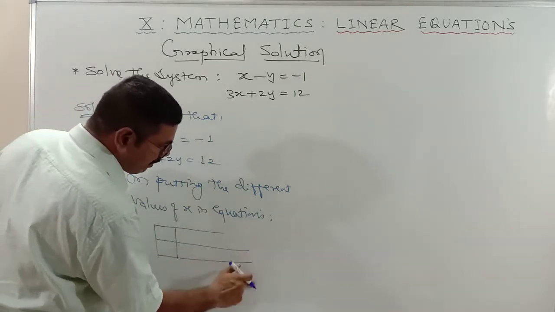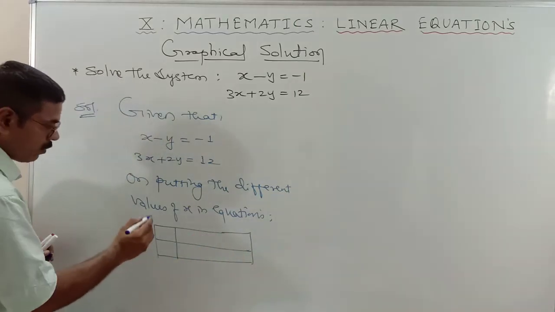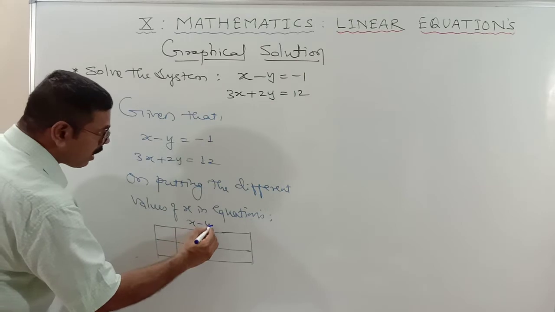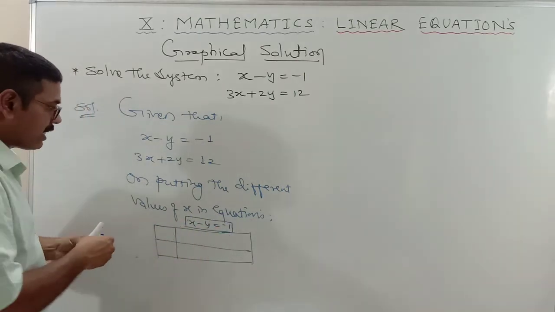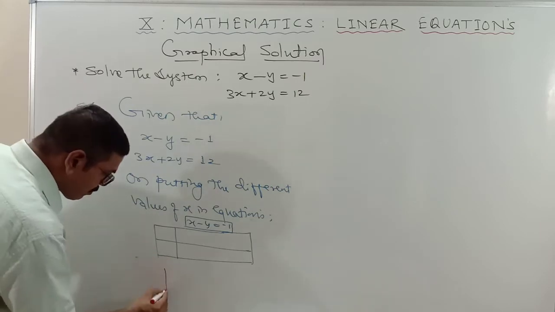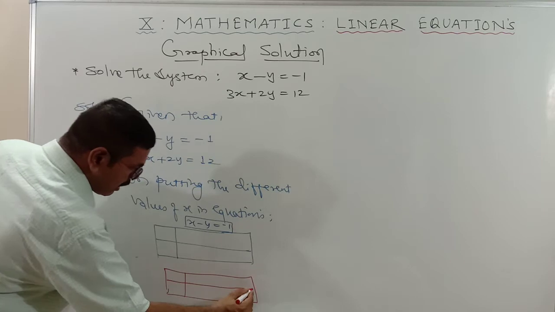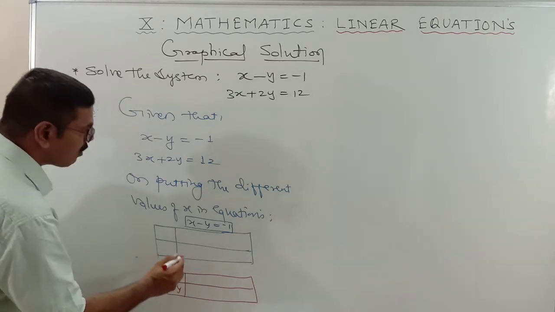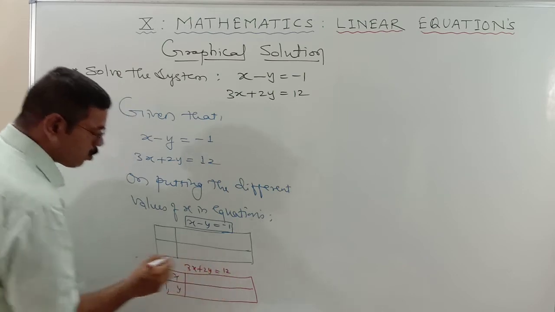We'll draw a table in which we'll write the values. The blue one is the first line, x minus y is equal to minus 1, and the red one is the second line, 3x plus 2y is equal to 12. Here we are writing the value of x and the value of y.